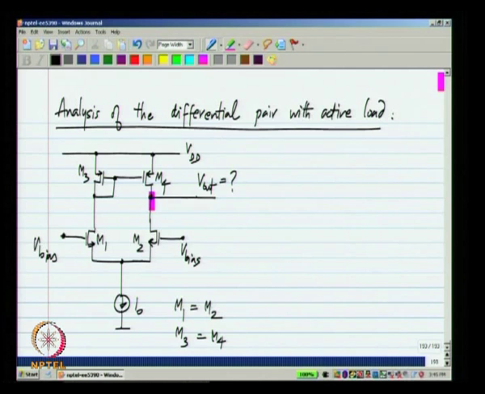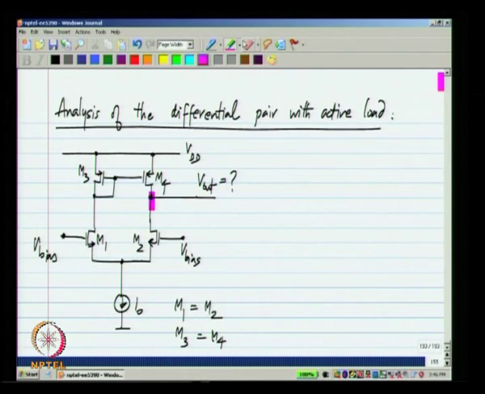So, again as usual, please pause the lecture at this point and try to reason it out, and you can assume some value of GDS for the transistors, and M1 and M2 can be considered identical as are M3 and M4. Okay. Now, if you go through the reasoning correctly, you will find that this V out under the quiescent condition will be exactly the same as that. Okay.